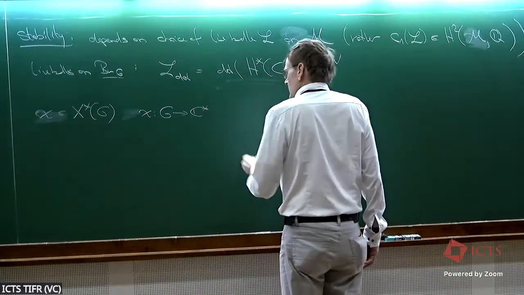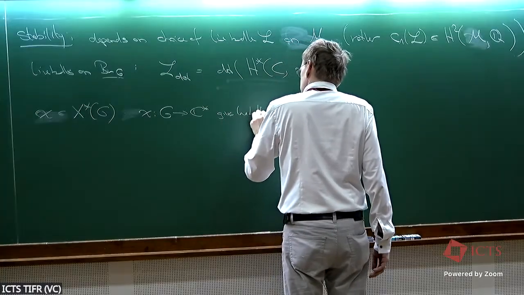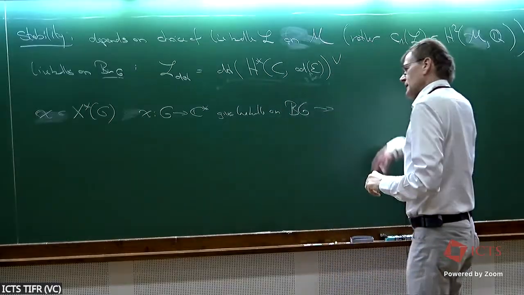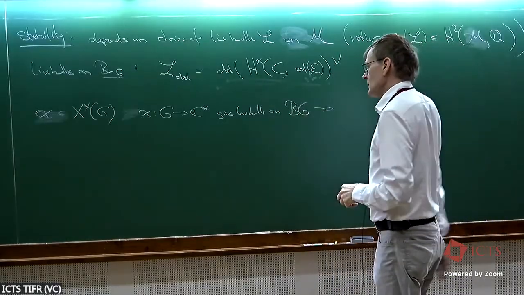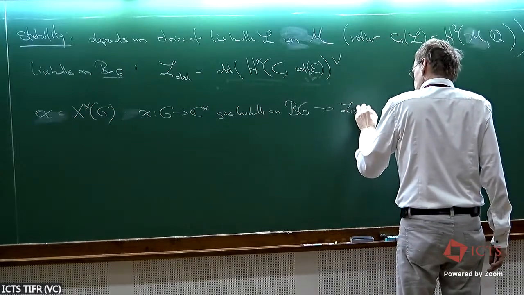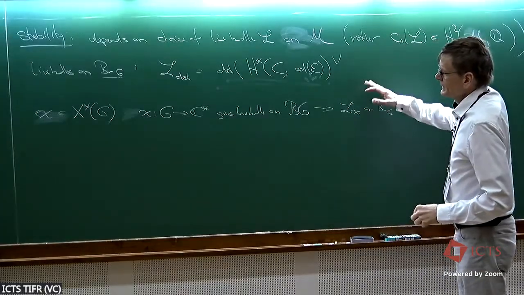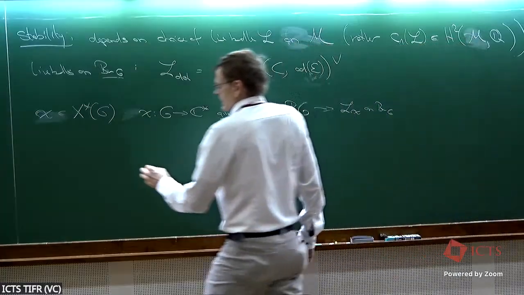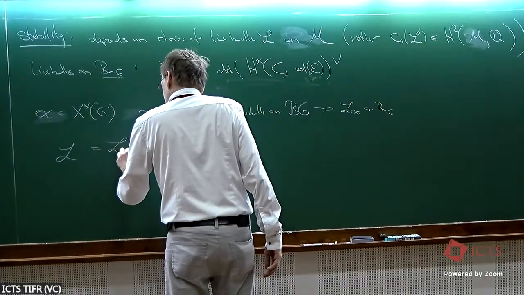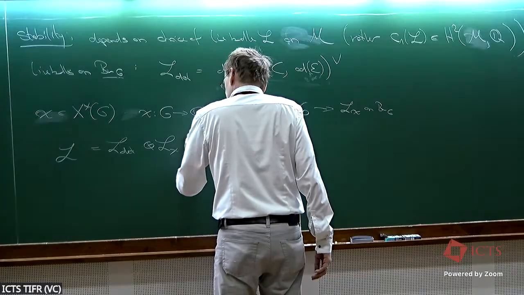This gives me a line bundle on BG. And this again, you can pull back, for example, by choosing a point on your curve, to make it into a line bundle. And this is usually where people take their stability parameters in. So you take L_det, and there was L_chi, or some chi.